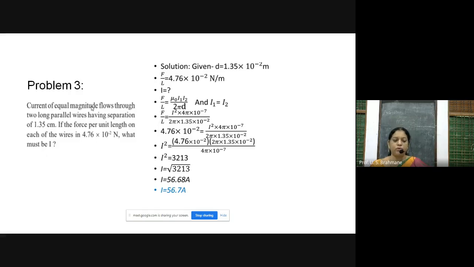That is, the two wires go far away from each other, but the two forces on the two wires are oppositely directed. You see that. Now we'll see what is given first.